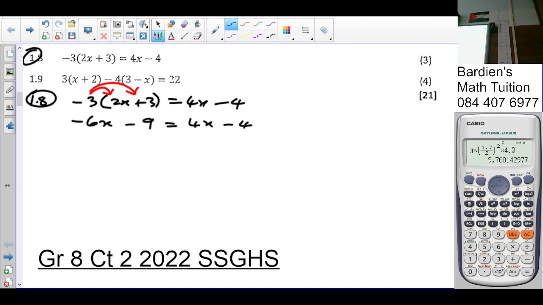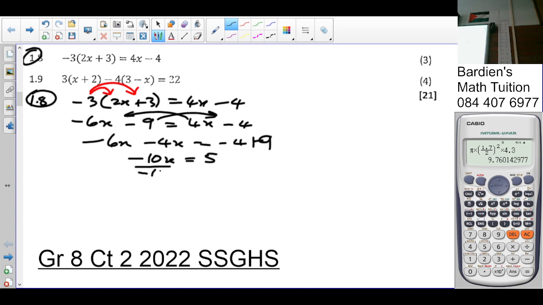X is one side, numbers the other side. So it's negative 6x minus 4x is equal to negative 4 plus 9. Which gives you an answer of negative 10x is equal to 5. Divide by negative 10 both sides, that cancels. So x is equal to negative, divided by positive is negative. 5 goes into 5 once, into 10 twice. So it's negative half. Okay.